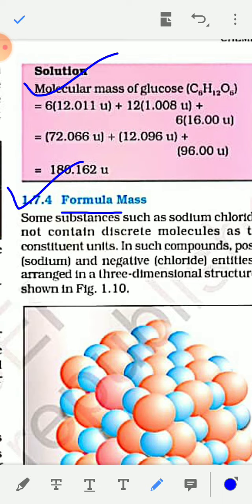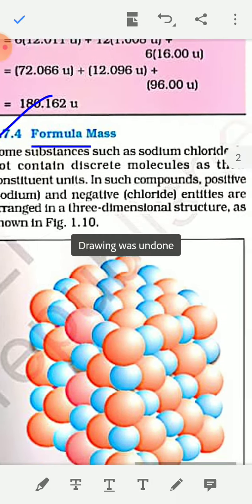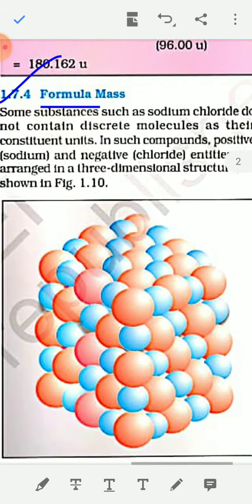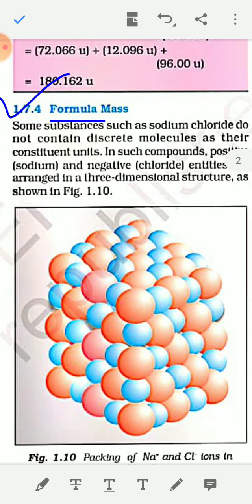Okay, so some substances such as sodium chloride do not contain discrete molecules as their constituent units.